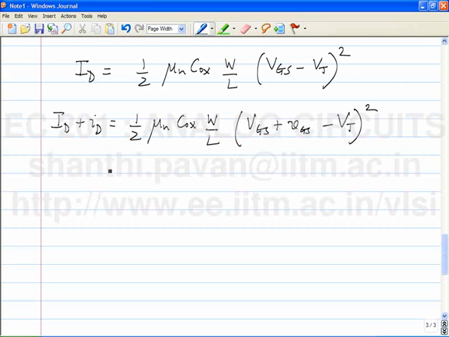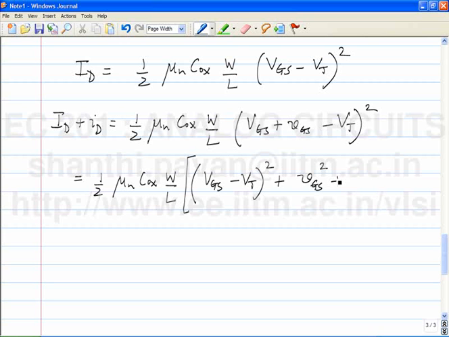Then this can be written as 1/2 mu n Cox W by L times (VGS minus VT) the whole square plus small vgs the whole square plus 2 times small vgs times (capital VGS minus VT), which is ID.